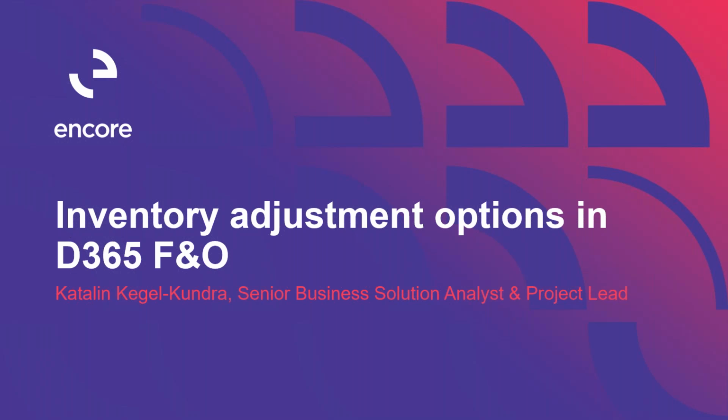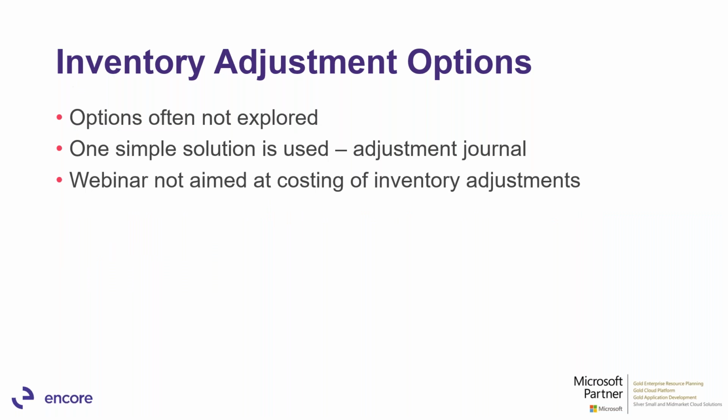I would like to start by saying that the subject of inventory adjustment options might seem a little basic. In fact, probably a little too basic to be talking about it in a setting like this one.